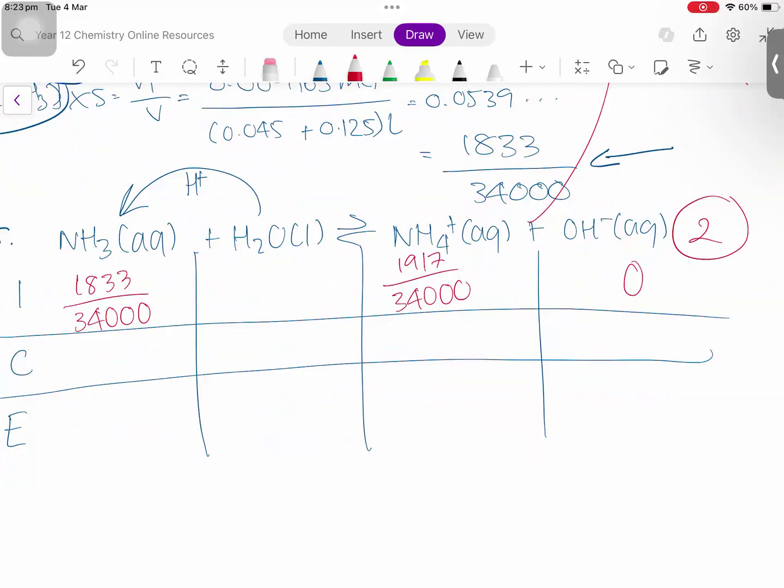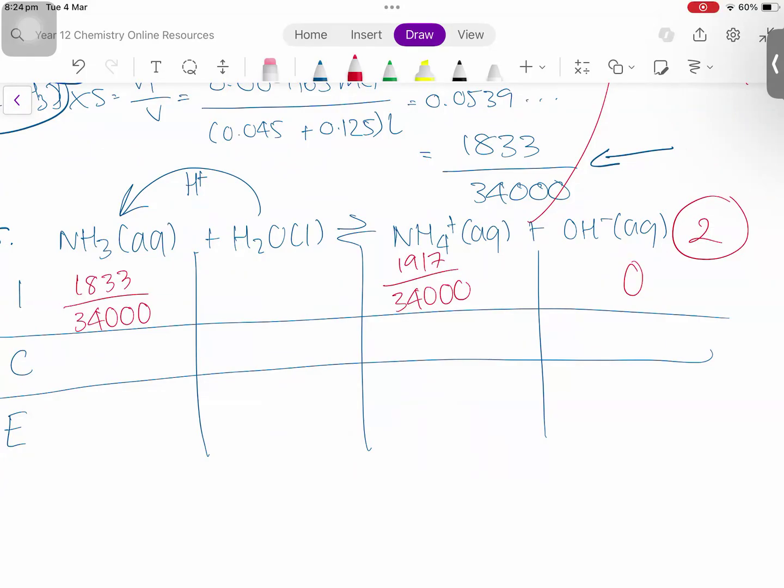Where the position of equilibrium starts tells you which way it's going to go. So I know I put in a number for NH4 plus, but my hydroxide is still 0 on the right-hand side. So which way is my position of equilibrium shifting? So it's still going to shift to the right.